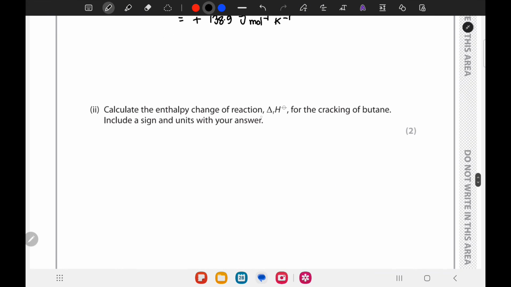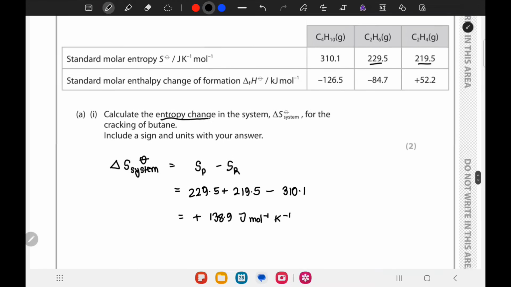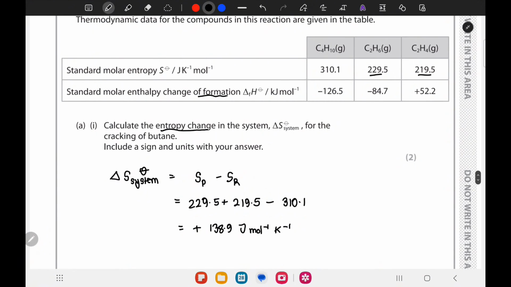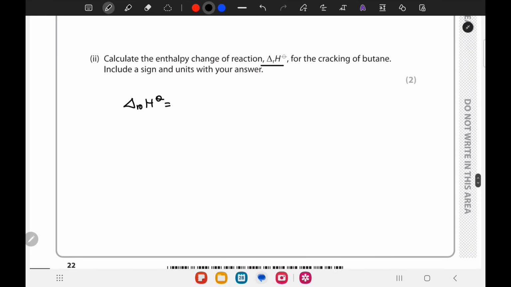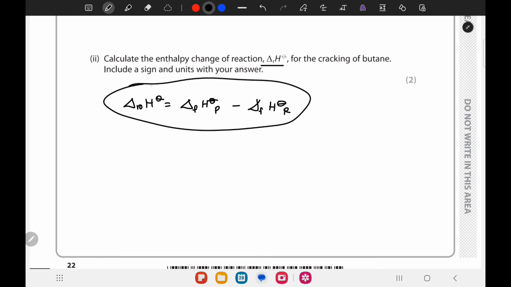Now in part 2, we have to find the enthalpy change of the reaction. So the enthalpy change over here will be equal, we are given the formation enthalpy of the products and reactants. So we have to remember the formula that the enthalpy of formation of the products minus the formation enthalpy of the reactants gives you the enthalpy change of reaction in this case.